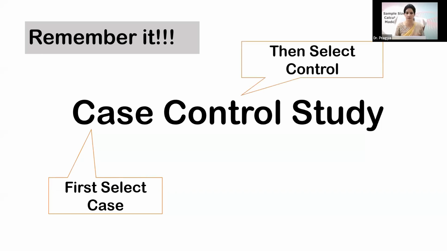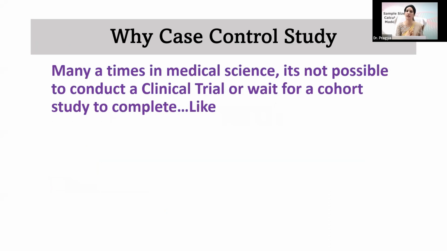And many times in medical science, it is not possible to conduct a clinical trial. So when this case control study is warranted, because for the clinical trial, again, you need to register, you need a lot of resources, you need a follow-up time. Or for a cohort study also, we know that if the disease takes a lot longer time to develop, then again we may not have that much time to measure that outcome with that exposure.